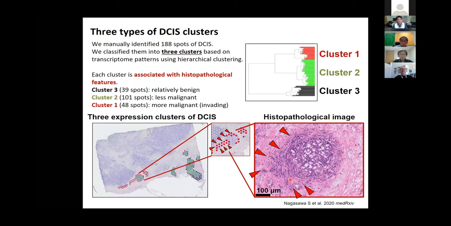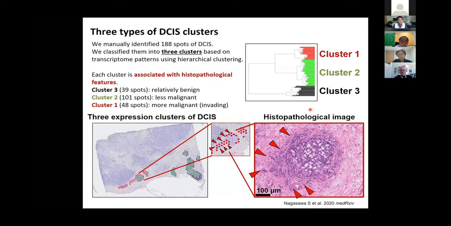And actually, the clustering results showed up like this, and these are the relatively benign part. These are invasive parts, and these, pathologically speaking, are DCIS. And the fine clustering analysis showed that these parts can be separated into three clusters.